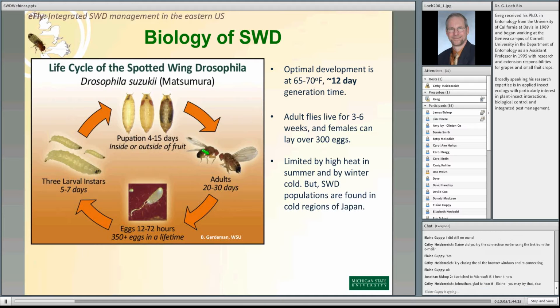They seem to be somewhat limited by high heat in the summer. At least there are some indications that they can't tolerate very high heat. They may also be limited to some extent by cold, although they appear to be surviving in some pretty cold places, based on our information in North America, and also based on work in Japan.